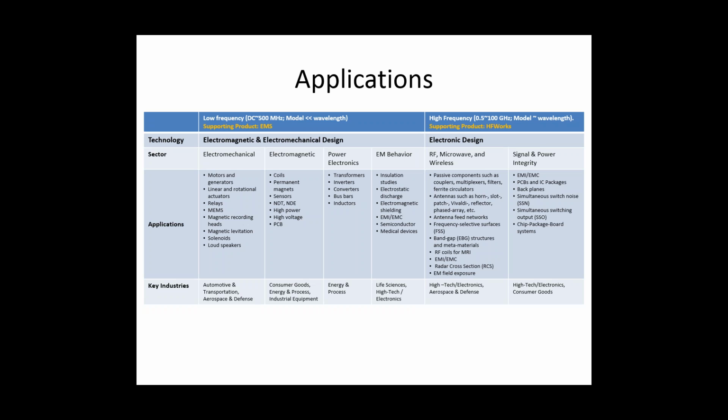Okay. And here is the list of the applications and key industries that we feature in. Mainly, a lot of our customers belong to the transportation sector, to the defense, energy, and of late to consumer goods, and also a lot of medical, biomedical type of applications.